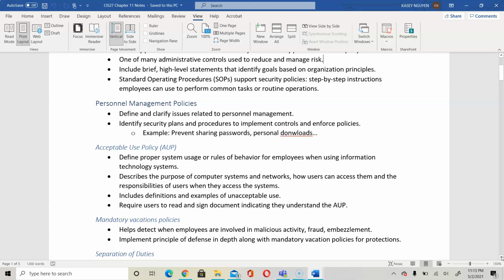And in violation of that, companies can carry out procedures on how to terminate the employee or put them on warning and so on. So acceptable use policy is a very common policy that you would see that would help us protect the system and keep the employees aligned with how we want them to use the system.